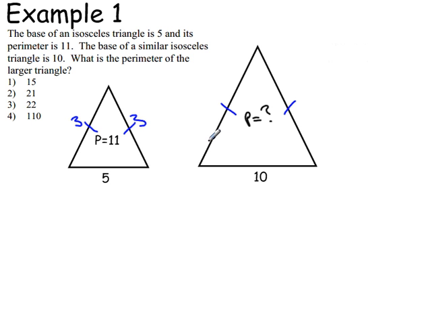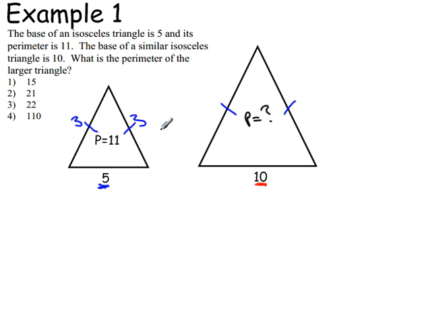Well, let's look at the relationship between the two triangles. The base is 5 here. The base is 10 here. And that tells me that this bigger triangle is basically a dilation with a scale factor of 2 of the smaller triangle.